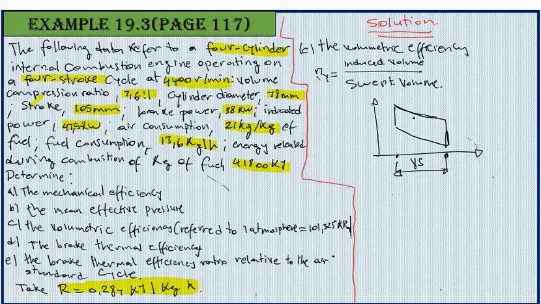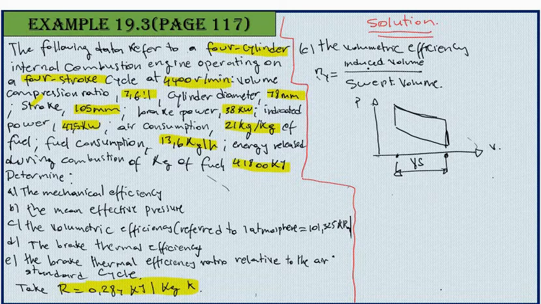Now the induced volume is just the amount of air which is being supplied to the engine. If we work this out, the induced volume is always less than the swept volume.